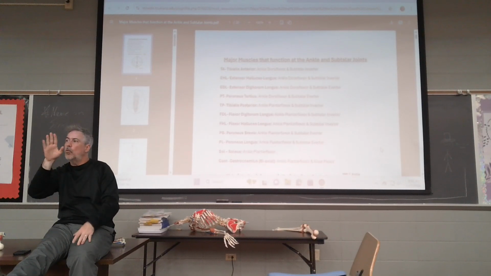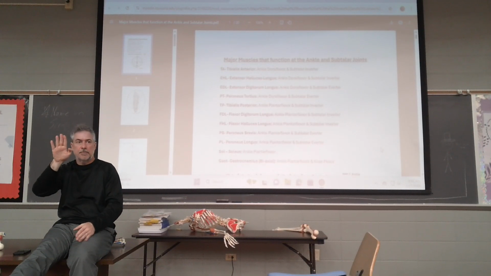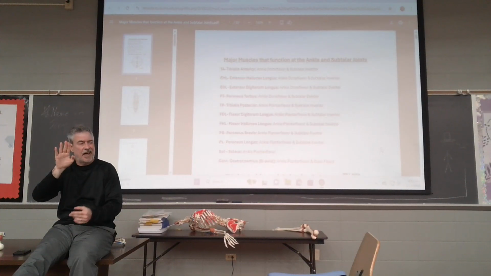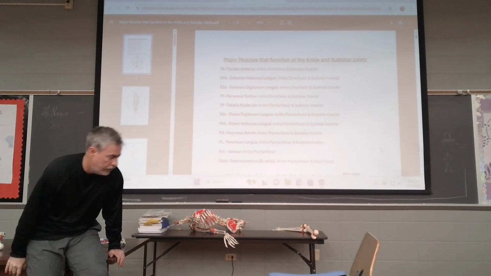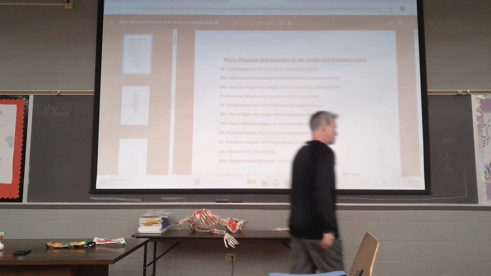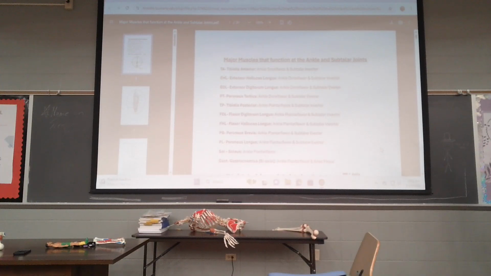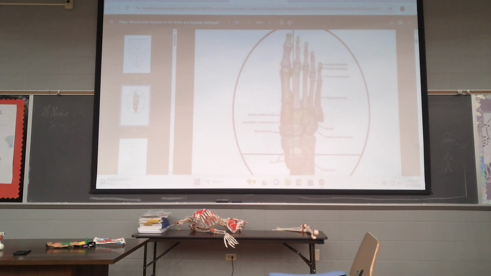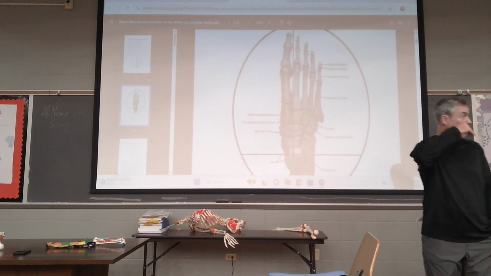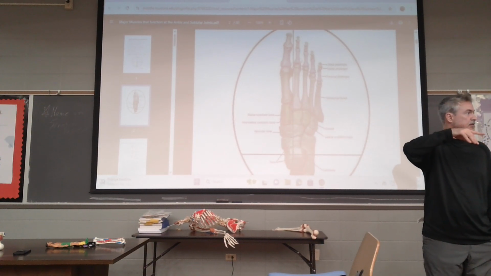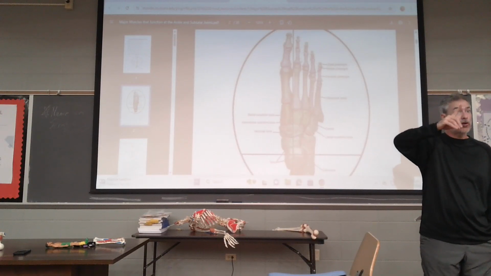Our wobble, the subtalar and transverse tarsal joints. The average axis for a subtalar joint, because it's a gliding joint, is in between the first and second toe. Has anybody ever heard of toe off? There's a reason it's not called toes off, because your big toe is a big part.